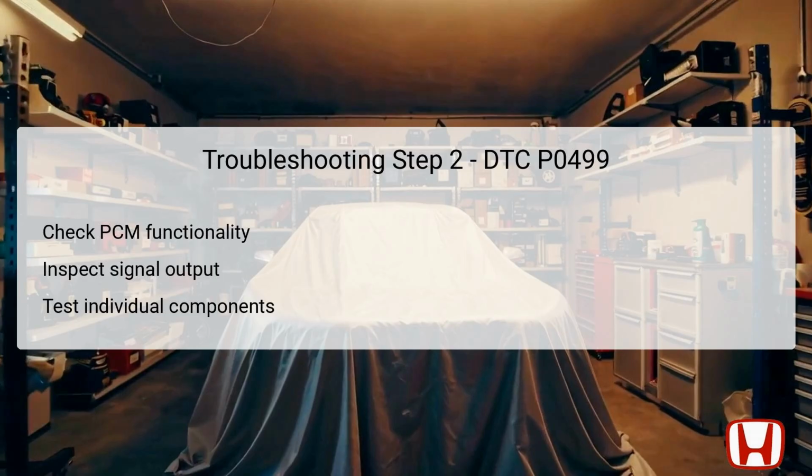In tandem, individual components within the EVAP system should be tested for their operational integrity. This includes checking the EVAP canister vent shut valve for any physical issues, such as blockages or electrical faults. Successful evaluation at this stage is essential. If any component isn't functioning correctly, it must be repaired or replaced to resolve the DTC effectively.